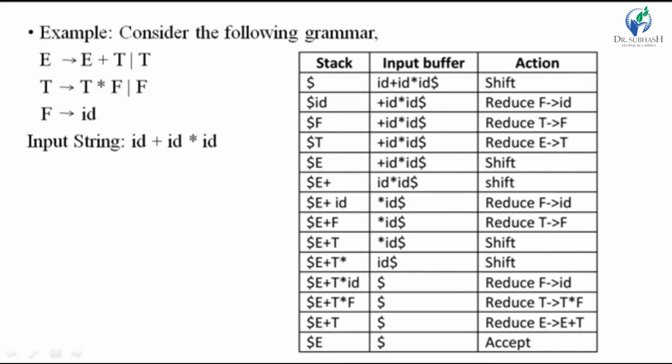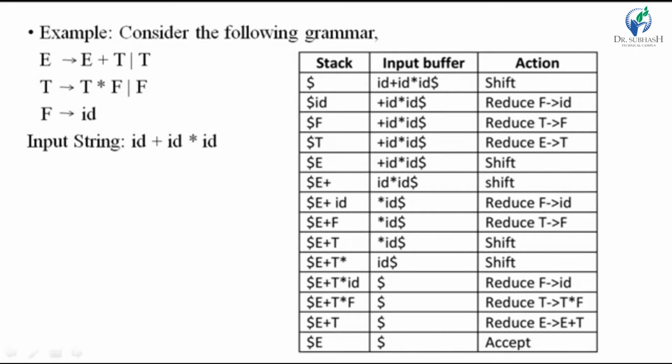Here your starting symbol is E. So in the stack you get E, and in the input you get only the $ sign. It means this string is accepted by this grammar. So first put the $ sign into the stack, then in the input buffer column put your string id plus id into id, and at the end put the $ sign.